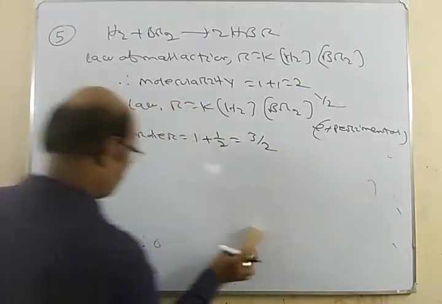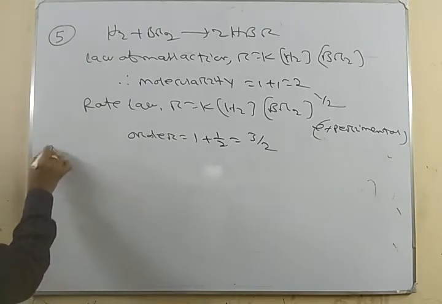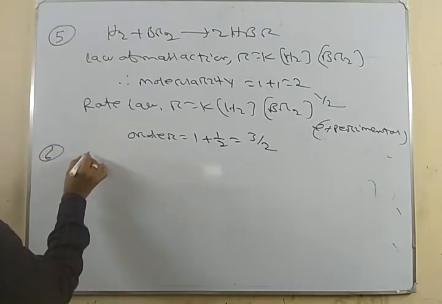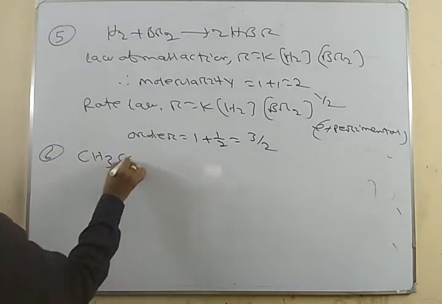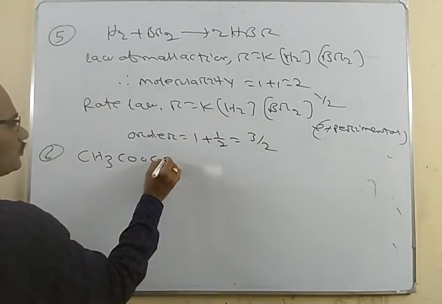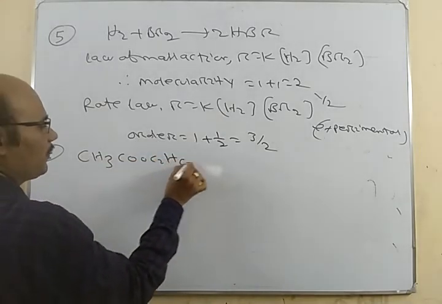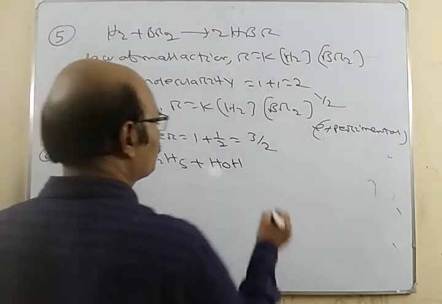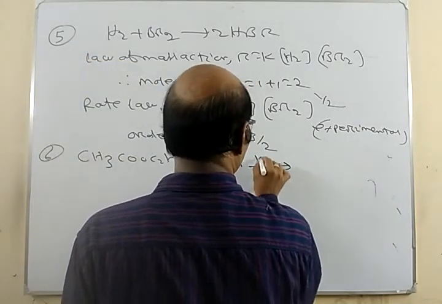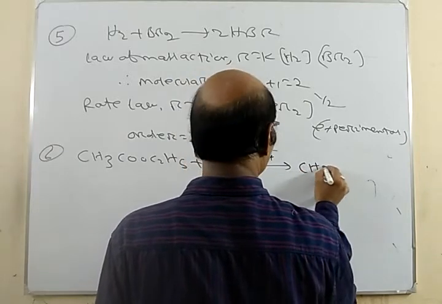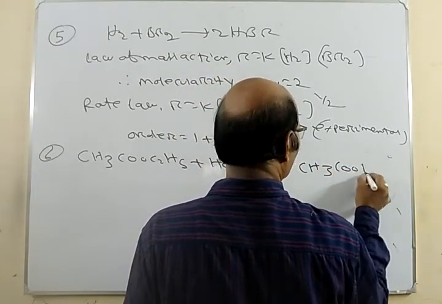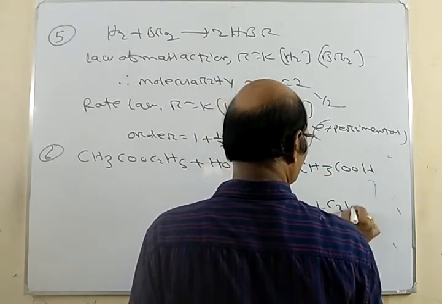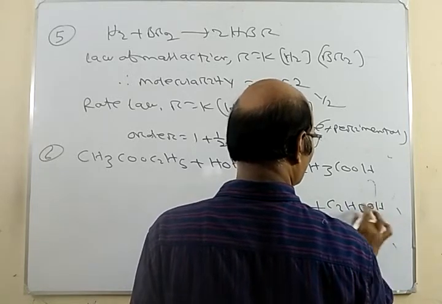Similarly, number 6, we take suppose CH3COOC2H5 plus HOH, water, in acidic medium, we get CH3COOH plus C2H5OH.